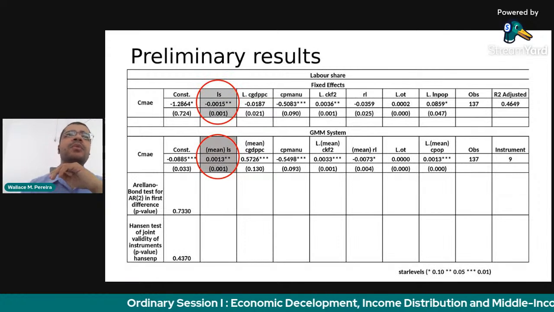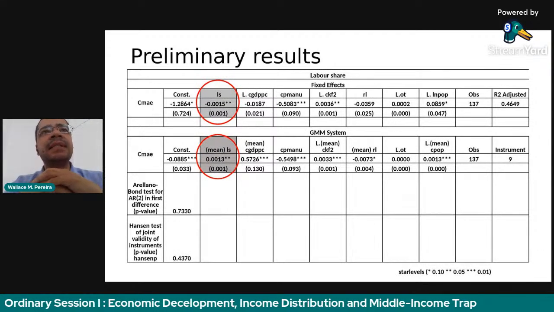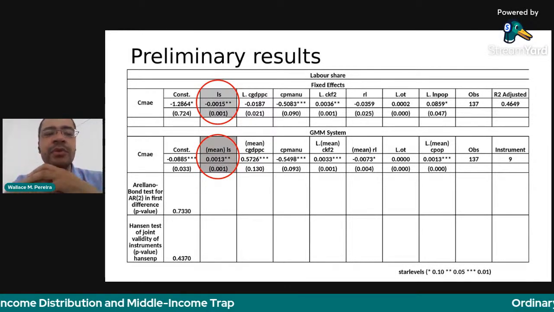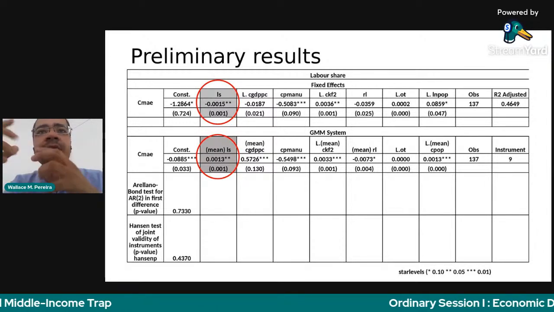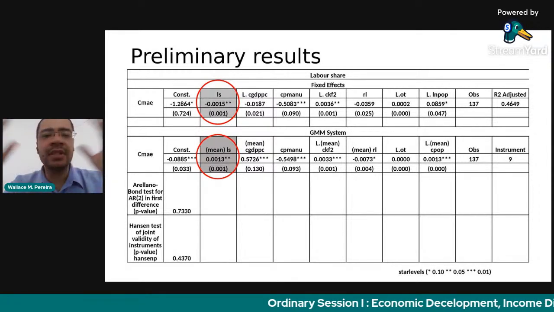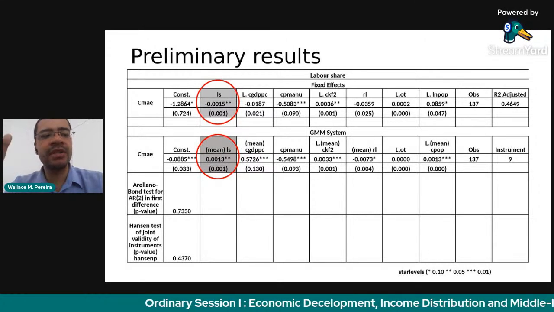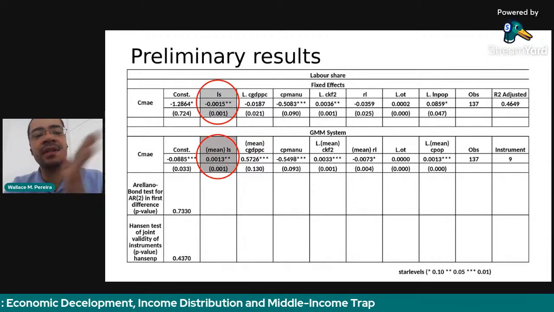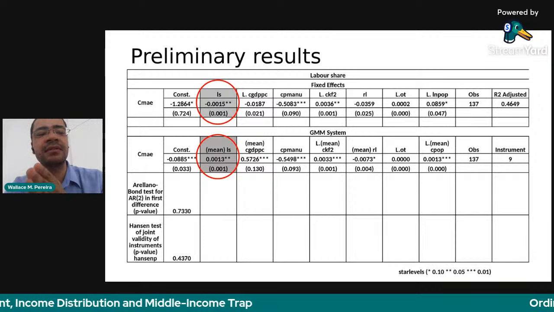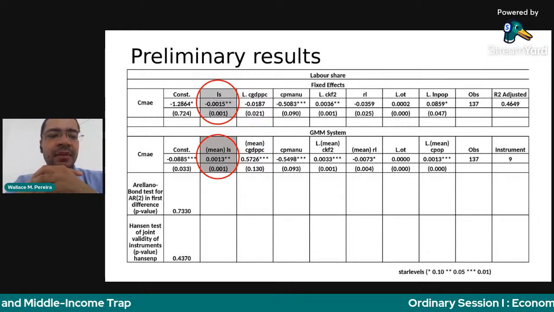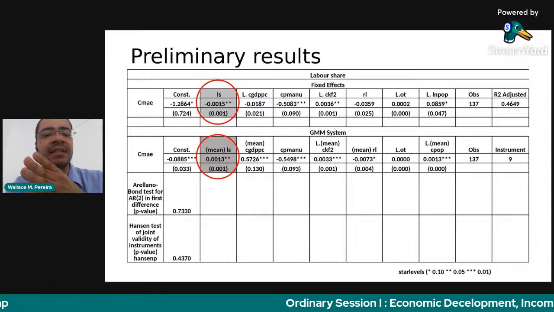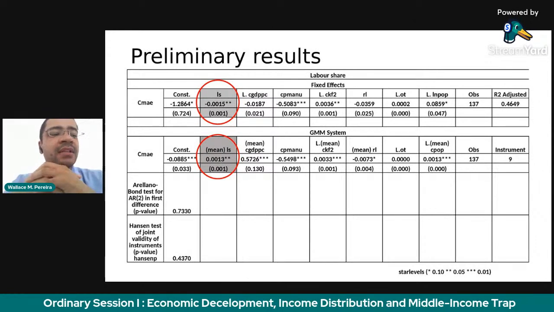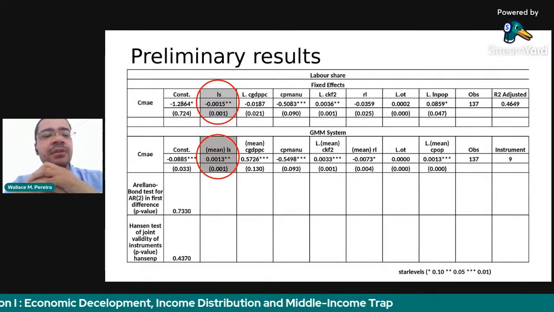And now, when we consider the labor share, the functional distribution of income, we have interesting results. When the model is fixed effects, the results show that the share of wages in income has a negative impact on the expansion of manufacturing. Therefore, it indicates a negative effect on structural change. However, treating for endogeneity, the result changes.